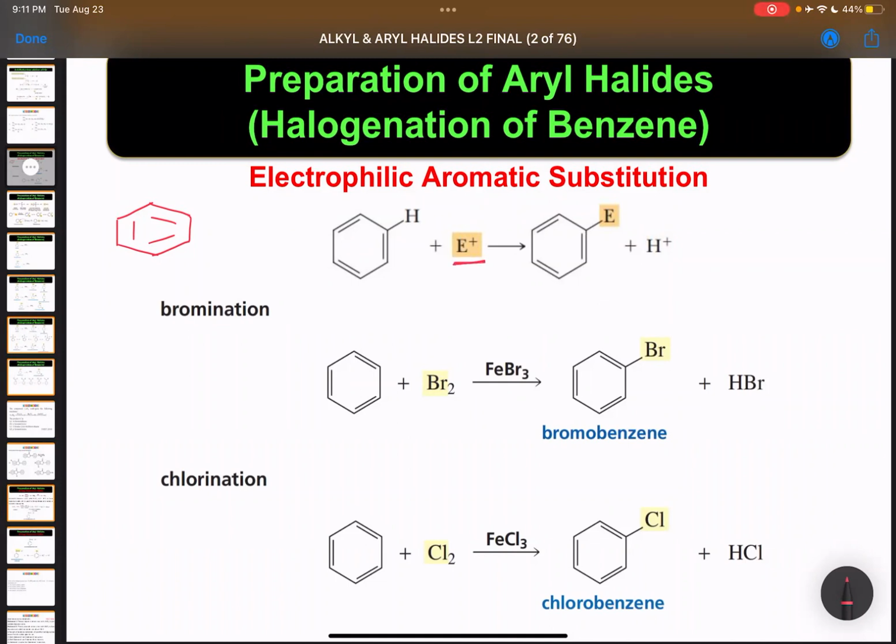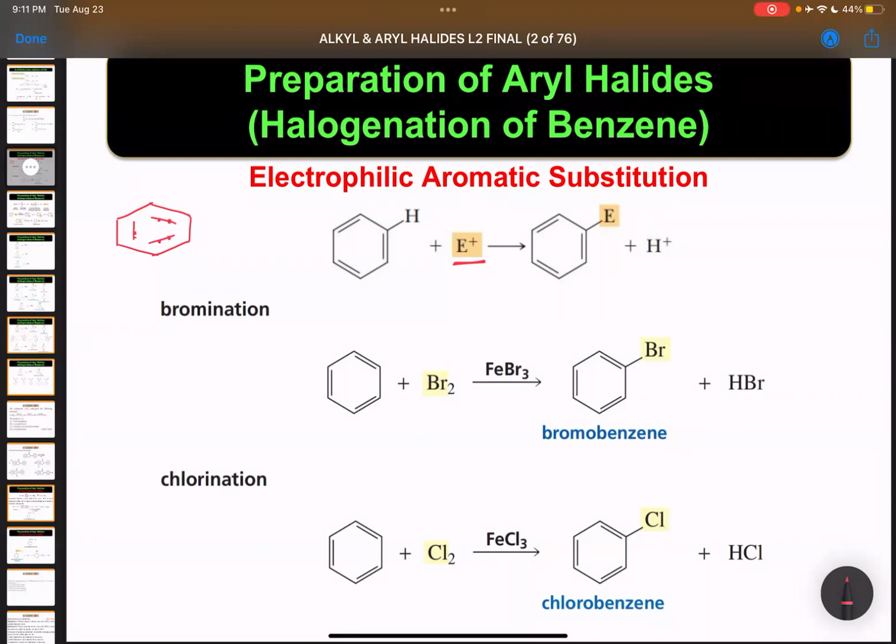Why an electrophile? Because benzene has electron density. You can see there are 6 electrons, so an electrophile can get attracted towards the electrons and start reacting.